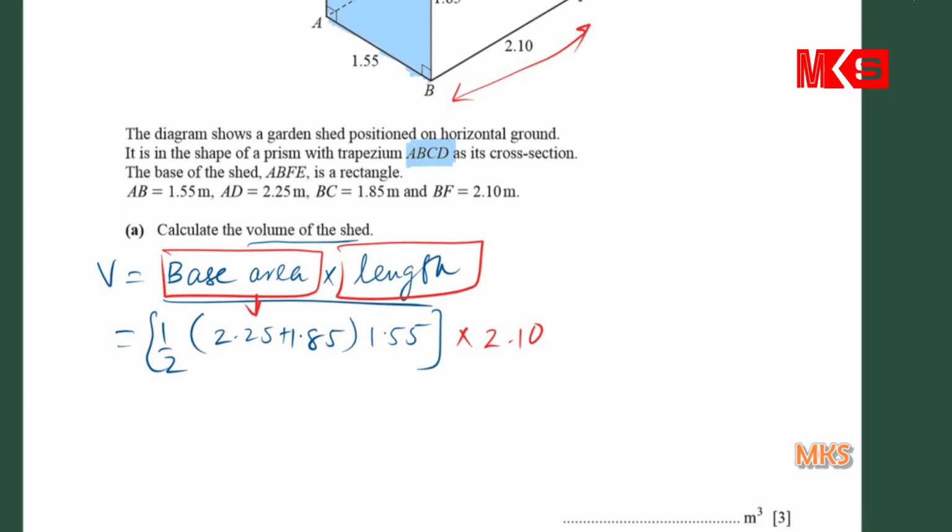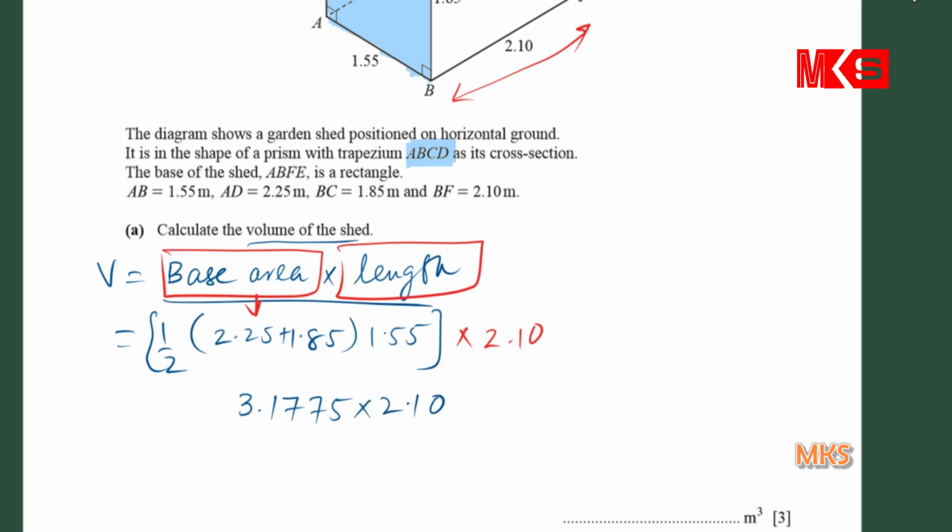So now we will use the calculator. 2.25 plus 1.85 is equal to 4.1 times 1.55, which is 6.355 divided by 2. So that gives me the base area, which is 3.1775. Keep it as it is, don't round it off.